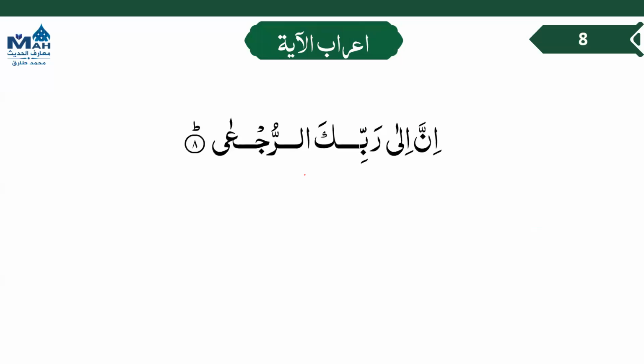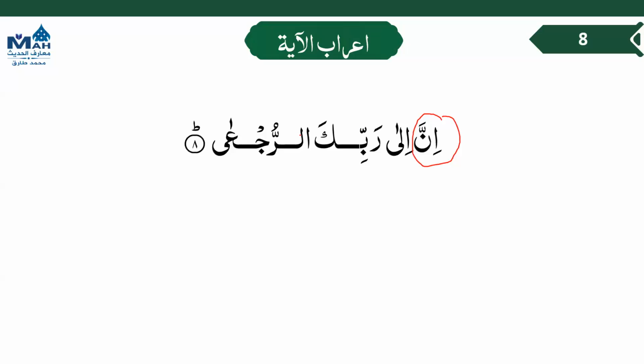Inna ila rabbika ruj'a. Subhanallah. Just think: the first 5 ayat, then the topic changed. Then in this topic, first ayah: innal insana la yatgha. Then an ra'ahu istaghna. And now what is the reality? Inna ila rabbika ruj'a. This is the reality. Aisha, what is the ismu inna?